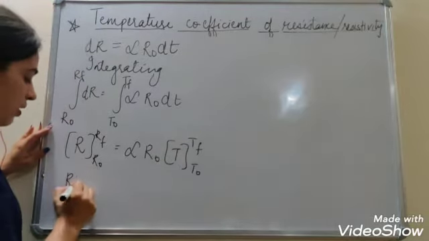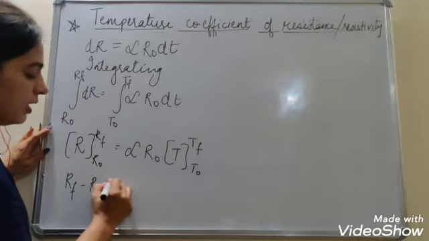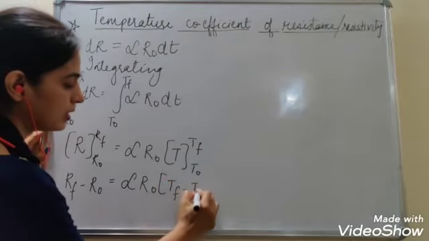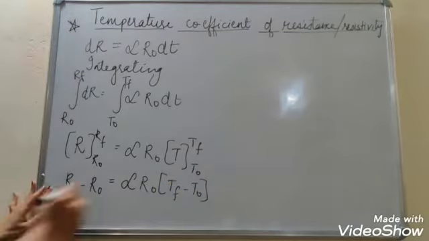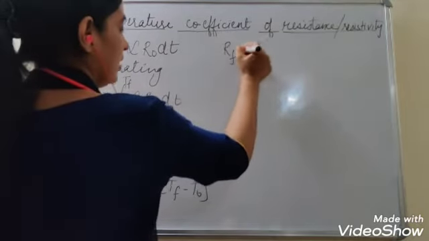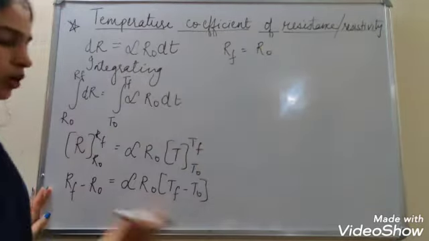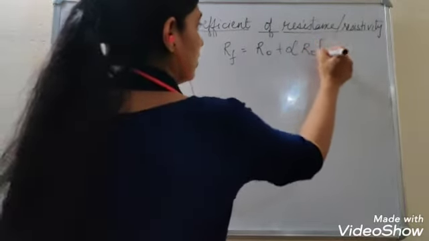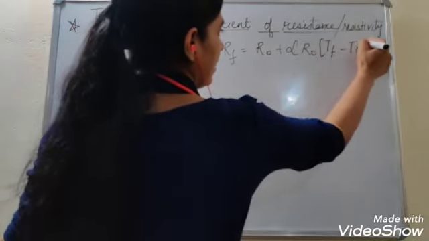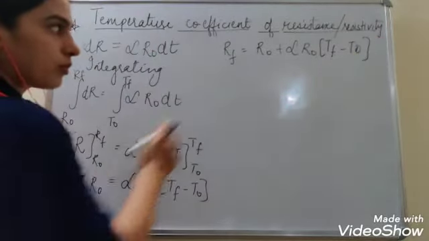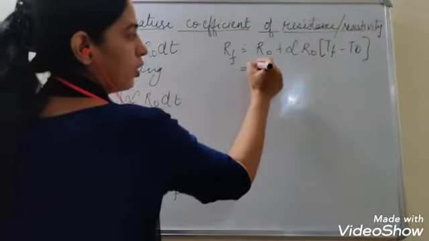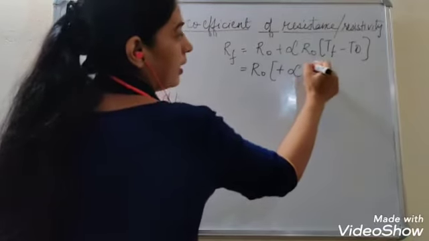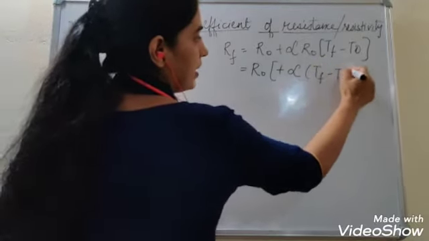So R final minus R initial is equal to alpha R naught times T final minus T initial. And we can write R final is equal to R naught plus alpha R naught times T final minus T initial. Here R naught is common, taking R naught outside, 1 plus alpha times T final minus T initial.